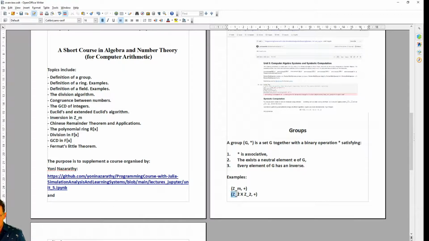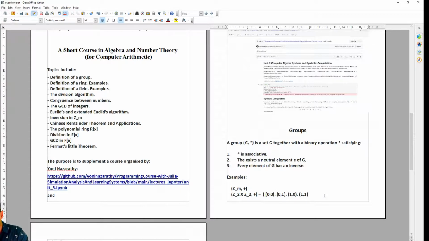Then this one here is the Cartesian product of integers modulo 2, and that's the set of all pairs. So we have 0, 0, we have 0, 1, we have 1, 0, and we have 1, 1. Okay, so this is our set G.